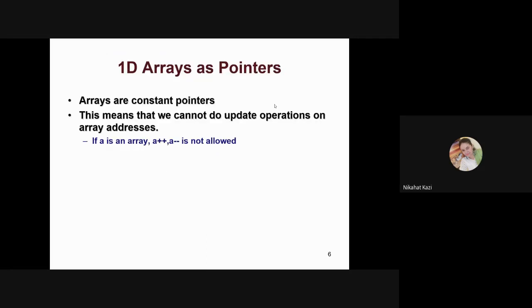You cannot update a constant value in C. If you have a constant, you cannot update it. We have not looked at the const keyword, which is also available, but a constant pointer cannot be updated. It's static. Once a memory address is allocated to the array, it's done at compile time, and you cannot change the address of that array.